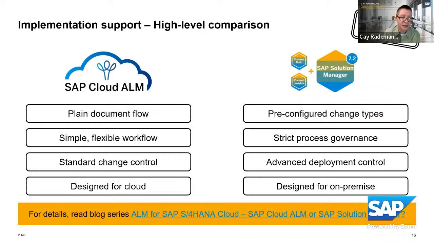We will enhance the change control in SAP Cloud ALM in the future, but at the moment we just have a standard change control, whereas in SAP Solution Manager we have advanced deployment control, which gives you more flexibility, handling more complex things in the control easily. So this is point number three.